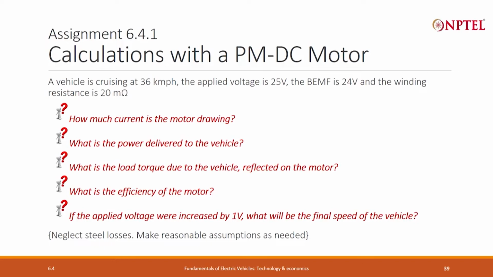So, we do not know about the gearbox and all those ratios. So, I am only talking about what is the output shaft torque of the motor. That is the meaning of reflected torque. Now, what is the efficiency of the motor, for which you need to know the output power and the input power.